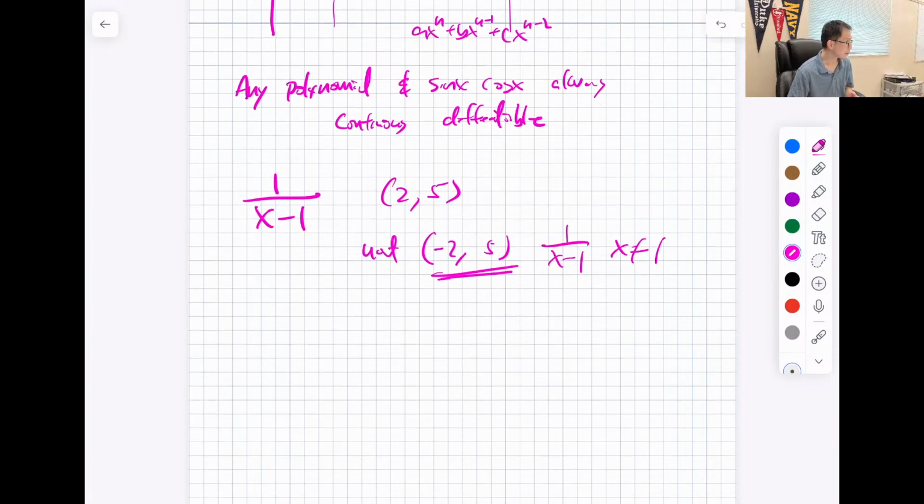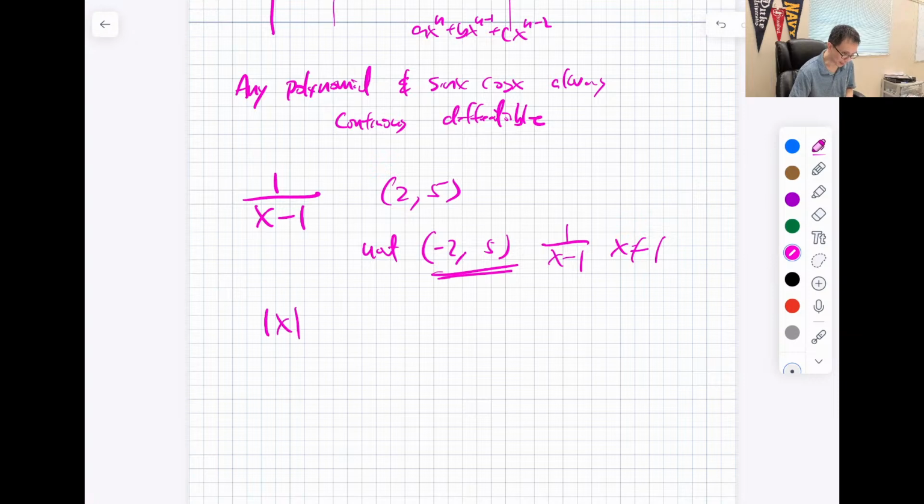Another type of function that you might have a problem with is absolute value of x. Again, at the cusp it's not differentiable. So |x| is not differentiable at a cusp, which is at 0, right?